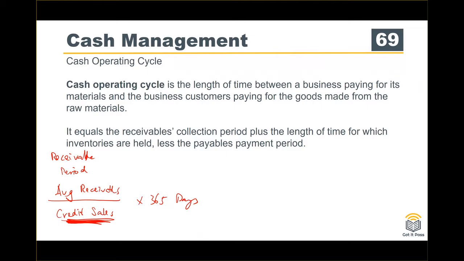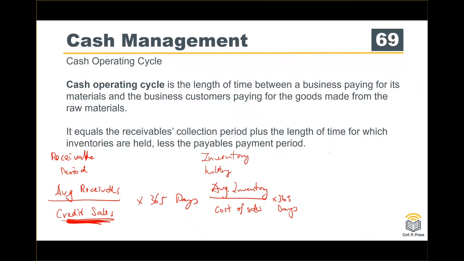And for inventory, the inventory holding period is the average inventory balance divided by cost of sales times 365 days. Okay.